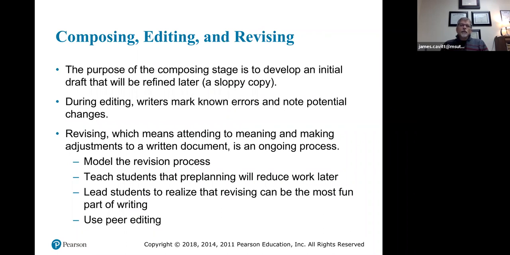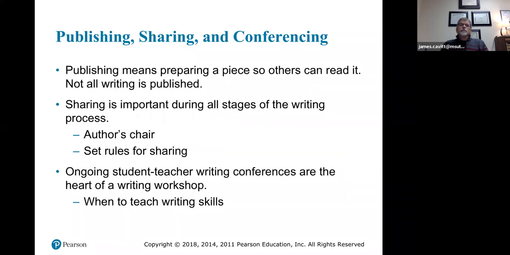That's just a draft. And learn to edit their own work and use peers as editors, and then you as an editor. Just getting them to write, that's a big deal. And then publish. Publish means just getting it on paper, and to share.